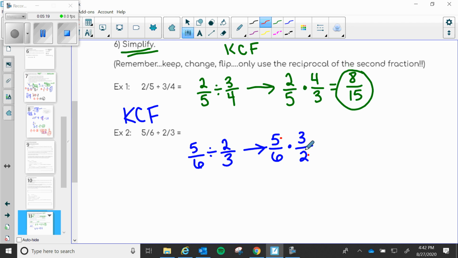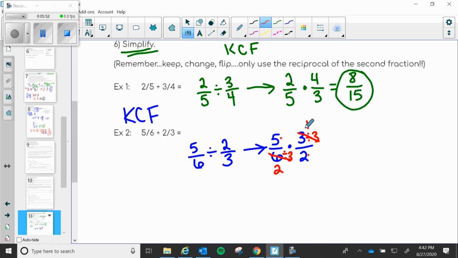We cannot simplify them. But if we look at 6 and 3, 6 and 3 do have a factor in common, and that factor is 3. So you do just like you would for GCF or LCM, just without the ladder. You're going to divide both of them by that common factor, which is 3. 3 divided by 3 is 1. 6 divided by 3 is 2.